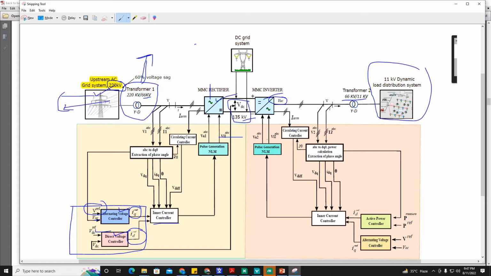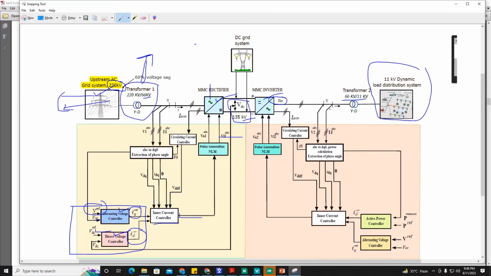So the D component is coming from the DC voltage control, and the Q component of the current is coming from the AC voltage controller. These outer loop controllers give the reference current for the inner current control. In my previous videos, if you are interested to go into detail of inner current control and outer control loop, you can refer to my previous recorded videos where I have discussed them in a very detailed way.